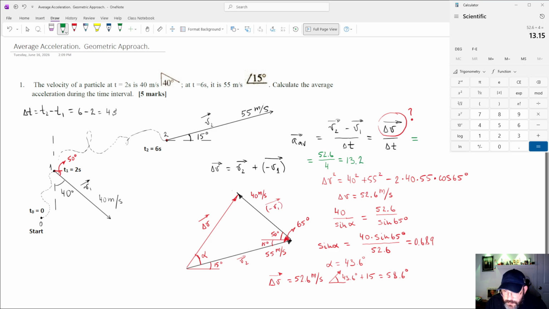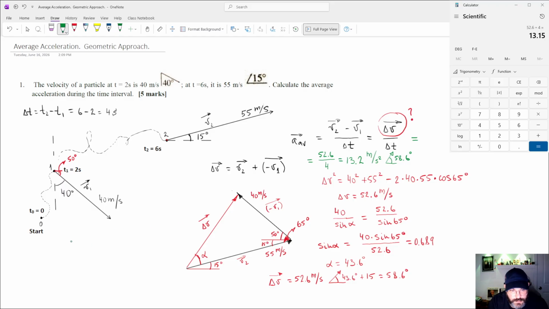It's going to be 13.2 meters per second squared, and the angle is going to be the same, which is 58.6 degrees. Okay, so that's it. So this is the answer.